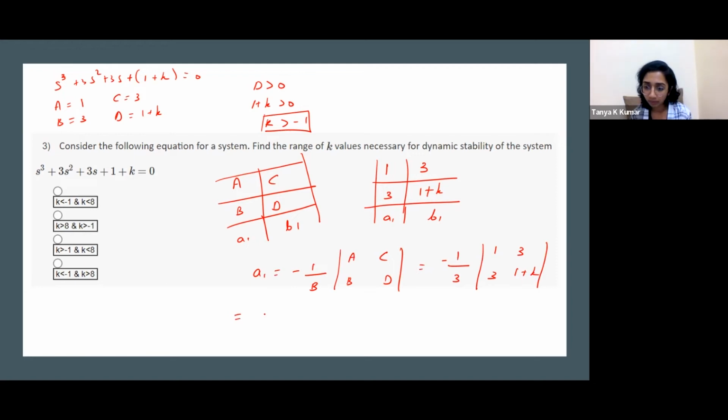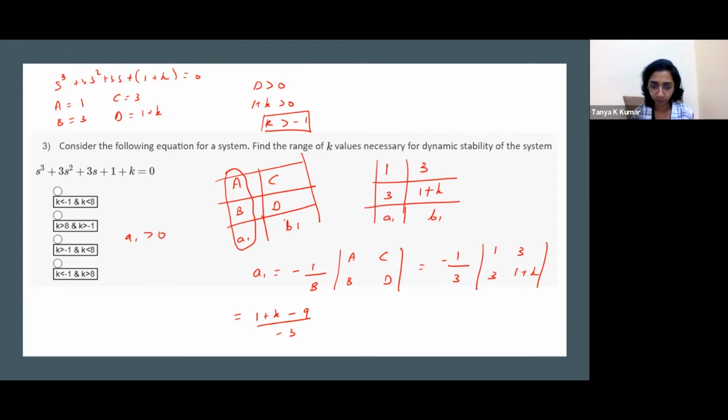So what do you get finally? You get k minus 8 by minus 3. Okay, so the first column of the Routh table must be greater than 0. A and B greater than 0, we've already checked. So A1 has to be greater than 0.